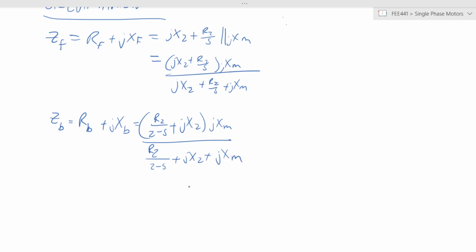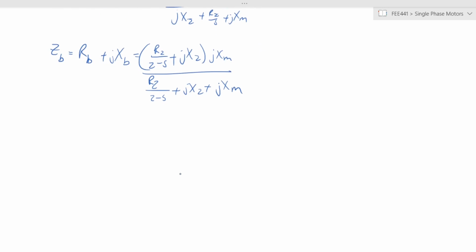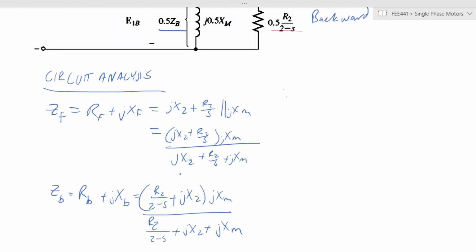So that means we can draw a simplified equivalent circuit that will look like this.